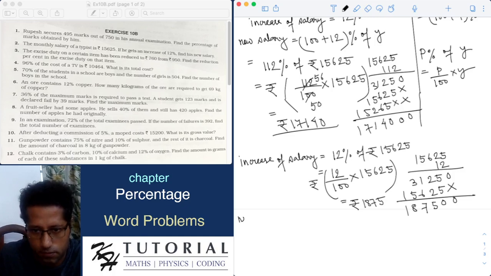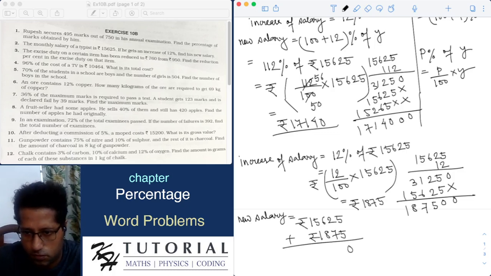So the new salary is the original salary, that is 15625, plus the increase in salary, that is 1875. If we do the addition, we get 0, 0, 5, 7, 1.